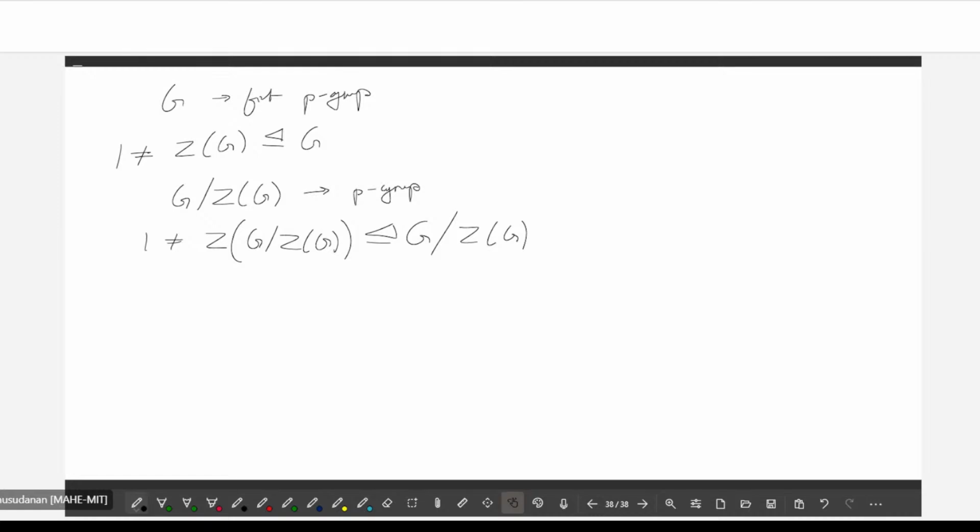So this will again have a non-trivial center, possibly equal to the whole group. Maybe it's abelian, right? And so on.